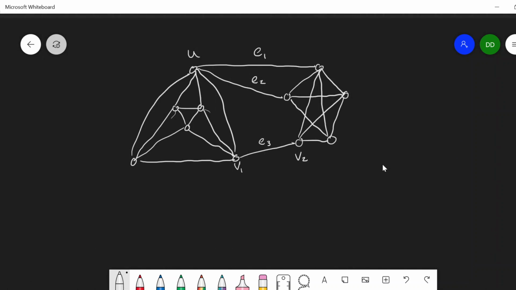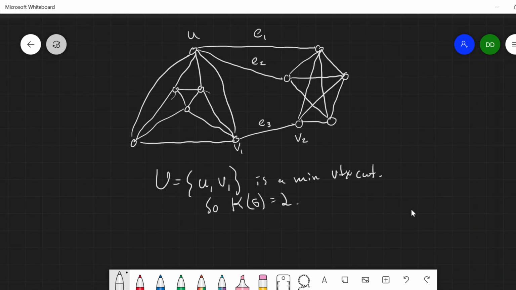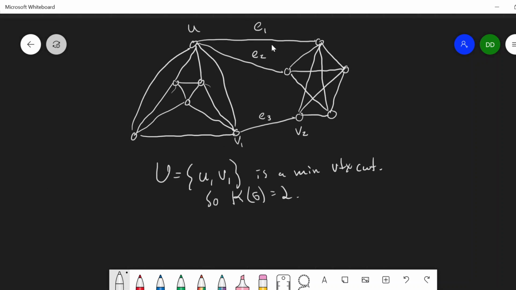So remember this example from a previous video. Here, U equal to, let's say, U = {v1}, for instance, is a minimum vertex cut. So the connectivity of the graph is equal to 2. But it requires 3 edges to be removed in order to disconnect the graph.